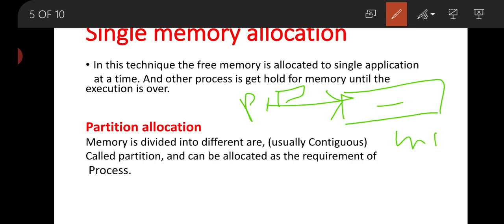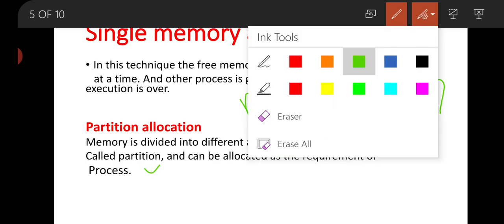Now the second one is partition allocation. In partition allocation, memory is divided into different areas, usually contiguous, called partitions, and can be allocated as per the requirement of the process.